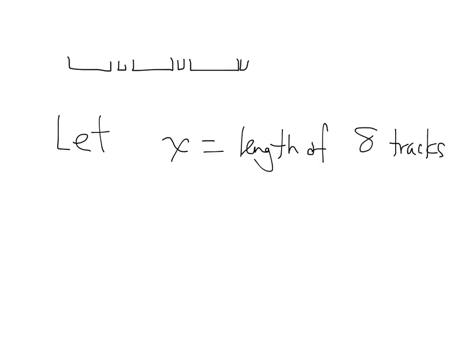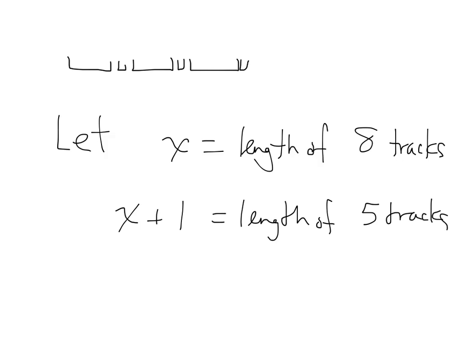Paul, if those are the length of the 8 tracks, and the other 5 are all a minute longer, how would I write that for the next one? x plus 1. Good. Each of them is a minute longer. Since x is a length in minutes, we say this is the length of 5 of the tracks.